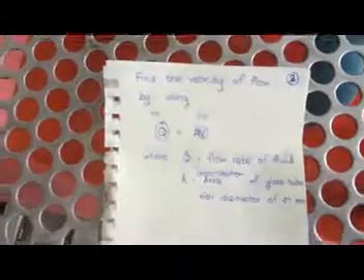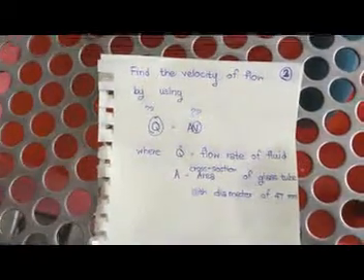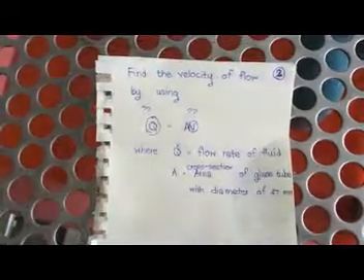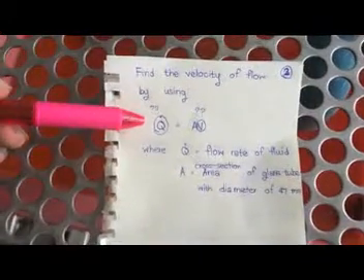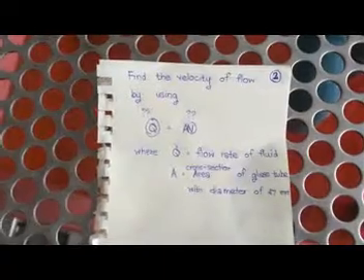Now we go to the second page, how to find the velocity of the flow. We use the equation of the flow rate, which is the flow rate equal to the cross-section area of the glass tube times the velocity of the flow that we want to know. However, we don't know the flow rate, so we need to go back and find the flow rate first.